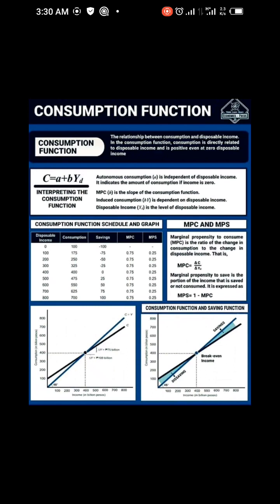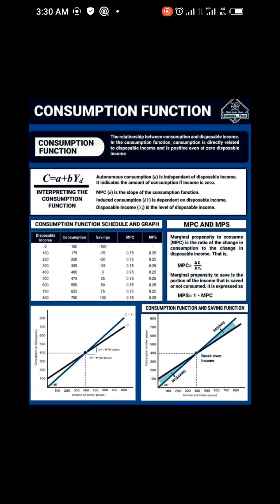That is one of the relationships between consumption and income, because from the formula here, there is what we call autonomous consumption, which is always independent of disposable income. It is telling us that even at zero income, man must eat in order to survive. Somebody somewhere must feed him or her.